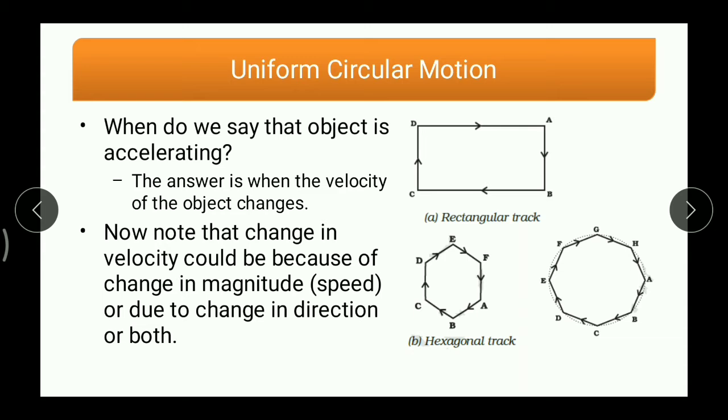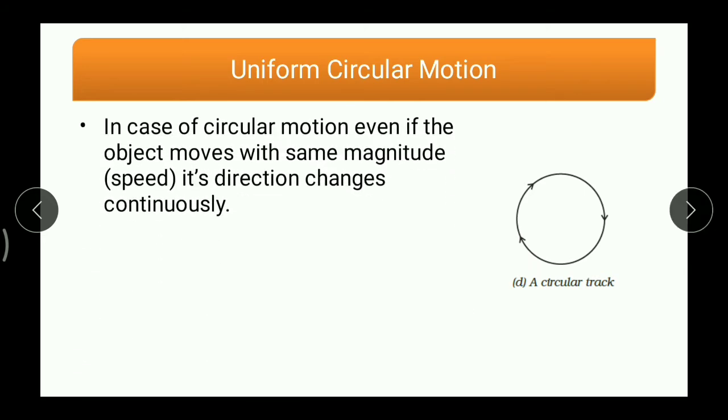In a similar fashion, if I go on increasing the number of vertices, at one point I will meet a circular path. So this is a circular track. In circular motion, even if the object moves with the same magnitude of speed, its direction changes continuously.